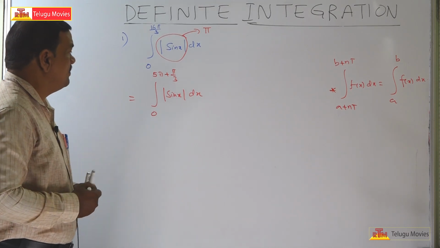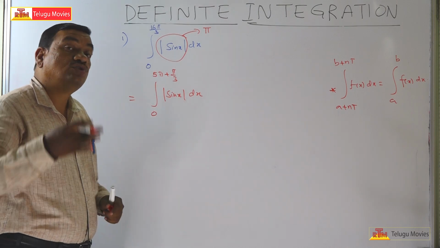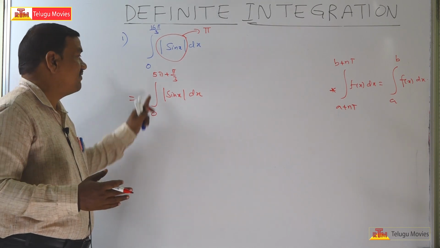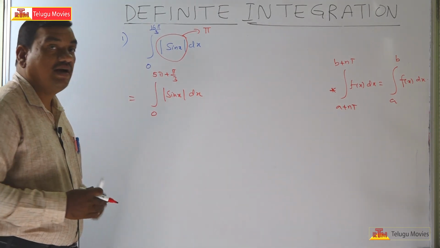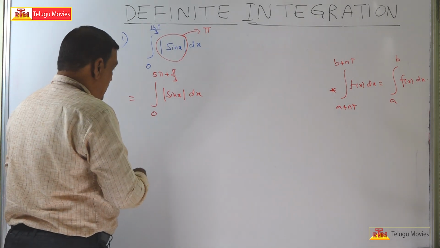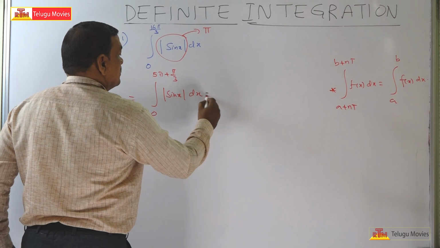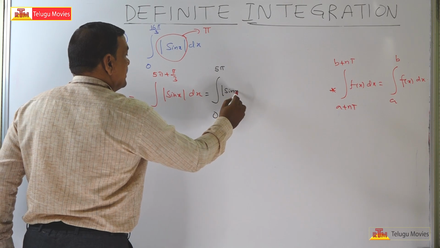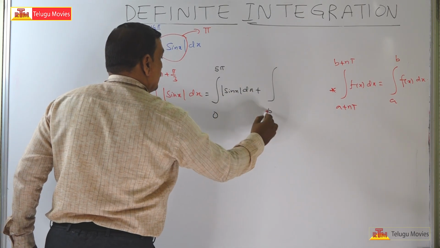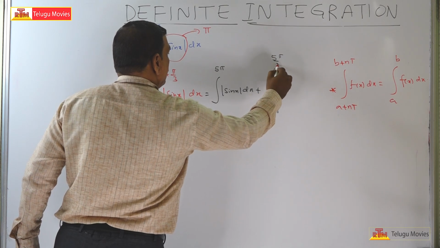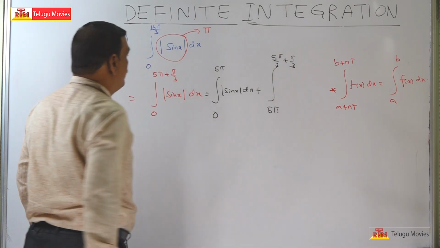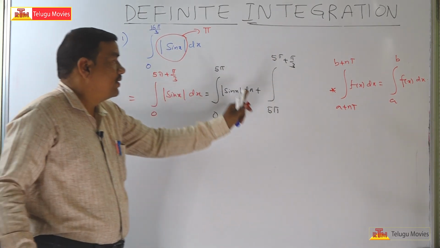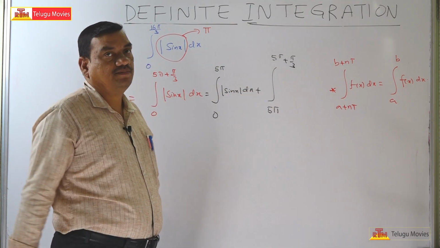Now coming to the problem, by using the properties of definite integration, we can divide this interval 0 to 5 pi plus pi by 3 like this: integral 0 to 5 pi of modulus of sin x dx plus integral 5 pi to 5 pi plus pi by 3.